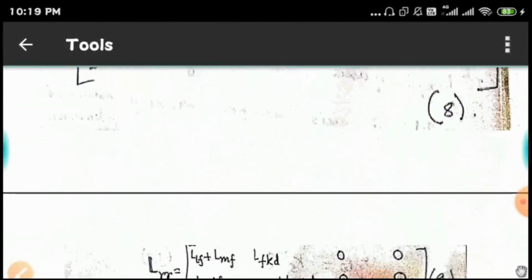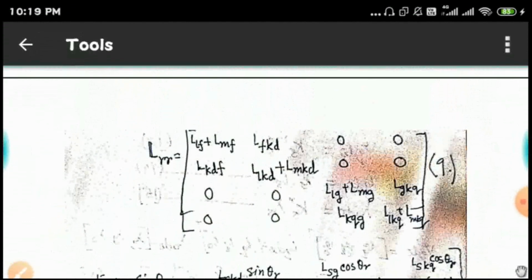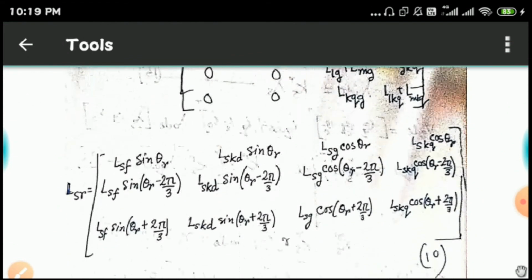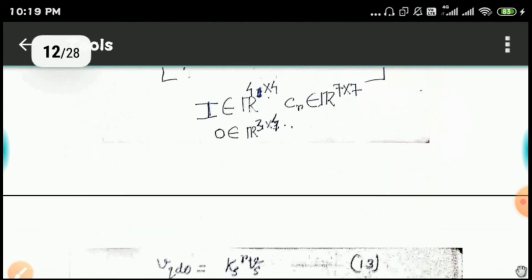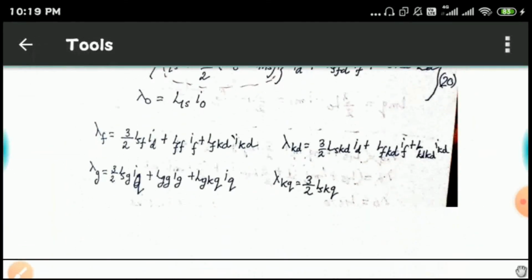Yes, these rotor terms were already independent of theta, this LRR matrix was already independent of theta. So the rotor flux linkage will obviously depend only on the corresponding rotor current variable. As we can see, all this expression, this lambda a, doesn't depend on rotor position. Similarly lambda kd, lambda g, lambda kq, none of these depend on the rotor position.